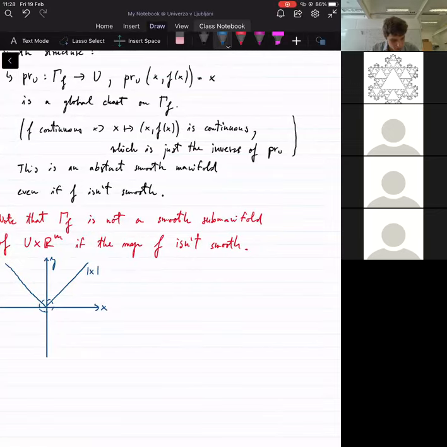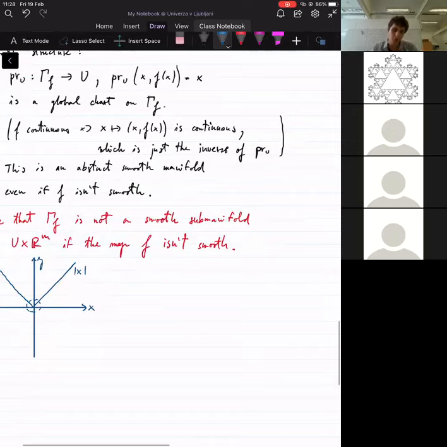So one may pose the question, what are, for example, smooth maps? So we will get eventually to the notion of a smooth map, but for those who have already had the course of analysis on manifolds, for you to contemplate: what are smooth maps on the graph of f?